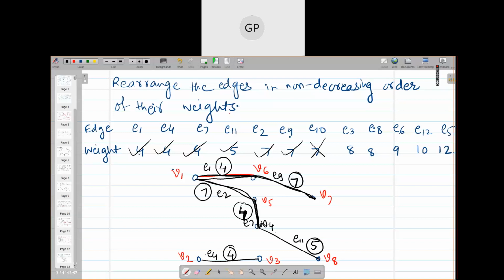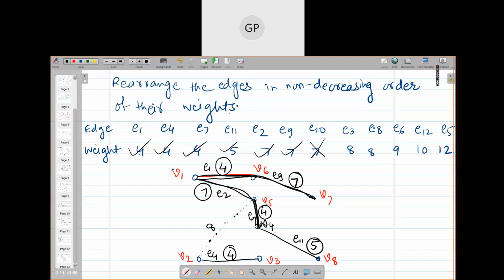That is E3. Can I consider E3? If I consider E3, its weight is 8, and it connects to E7. Can I consider this edge with the weight 8?